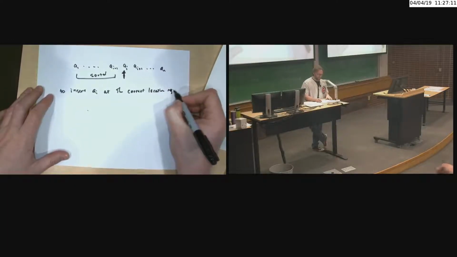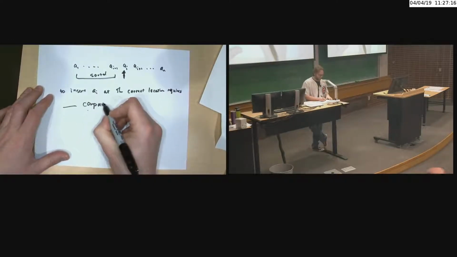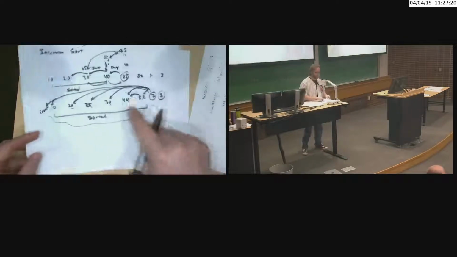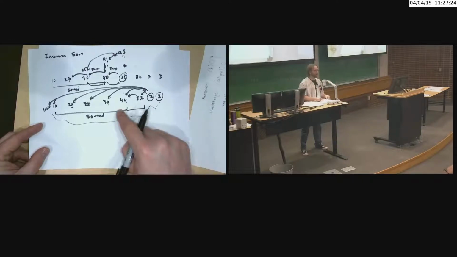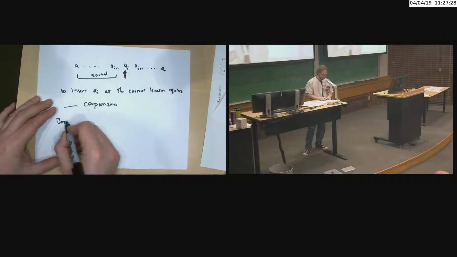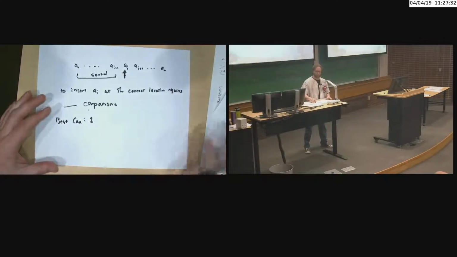Requires how many comparisons? Well, remember, sometimes we got lucky. In the best case scenario, how many comparisons would we have to make? 1. Right? So best case, 1. What about the worst case scenario?